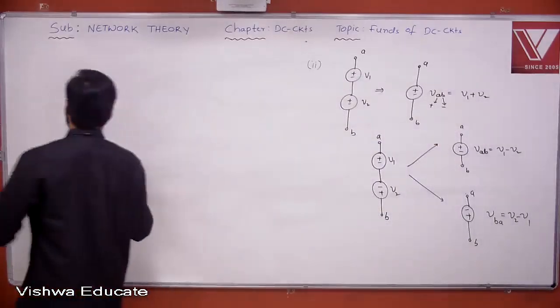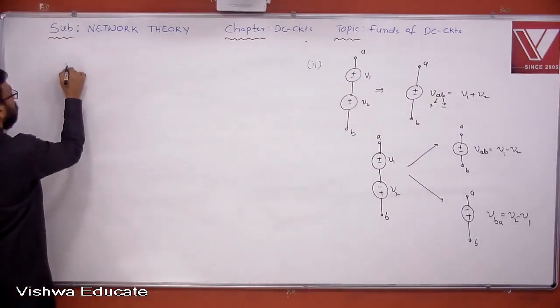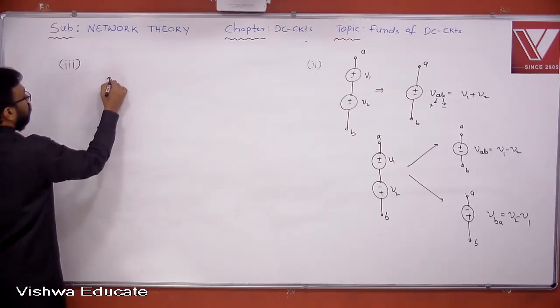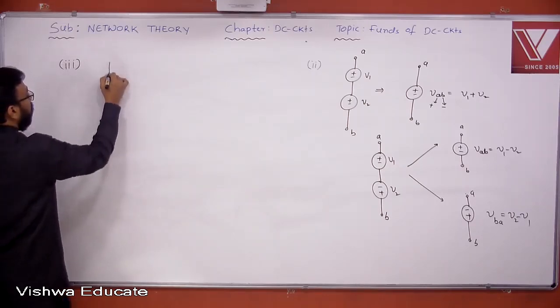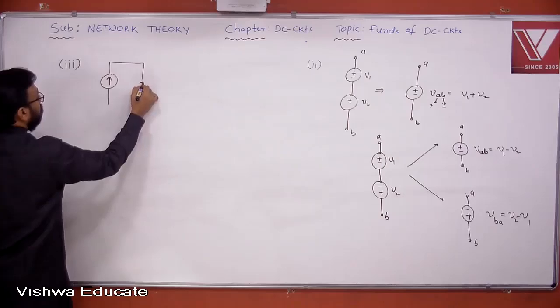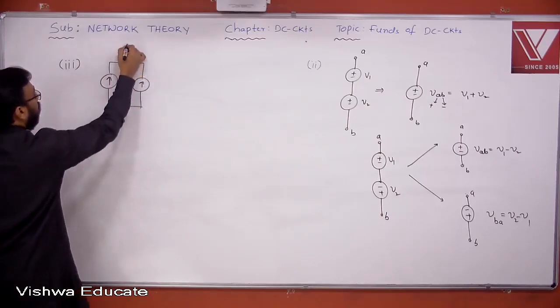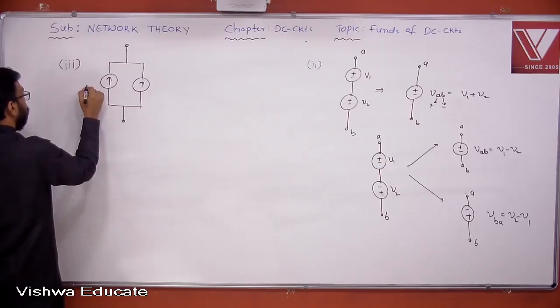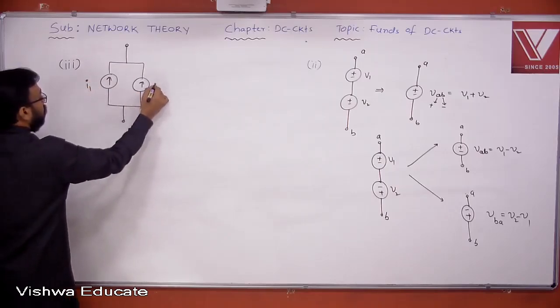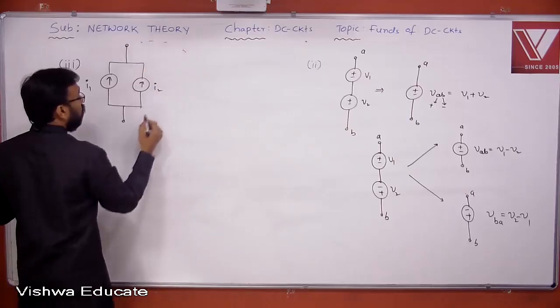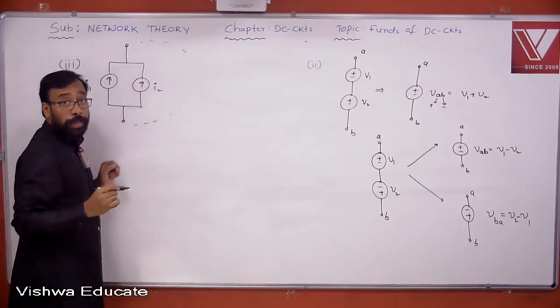Coming now to current sources. Parallel combination of currents. You cannot open it. As you know, a current source must not be open.